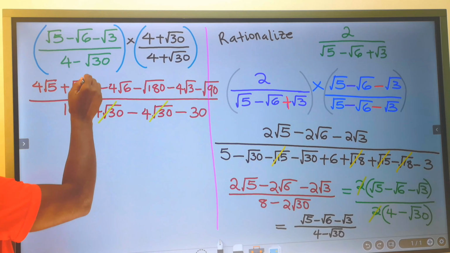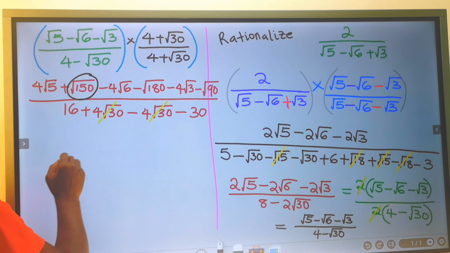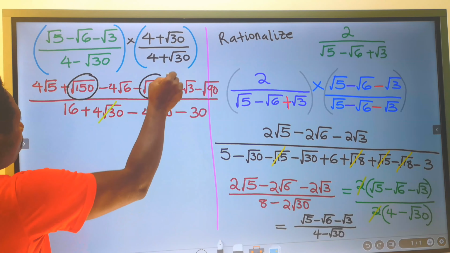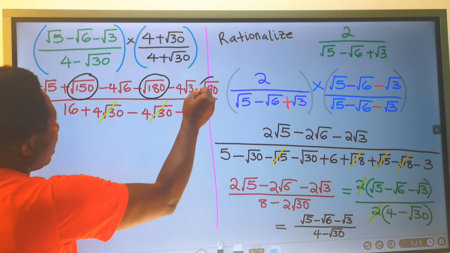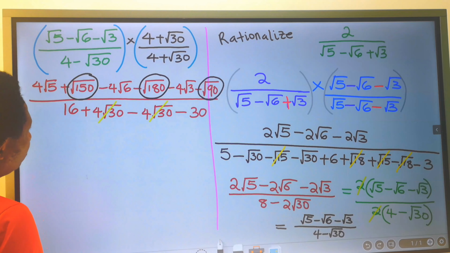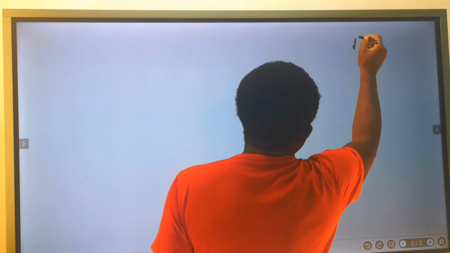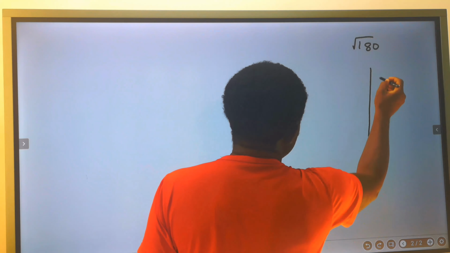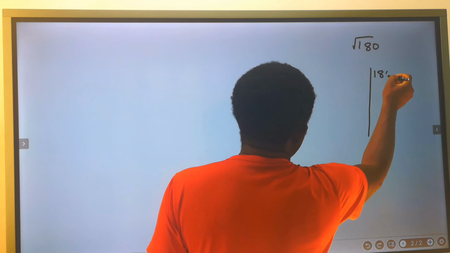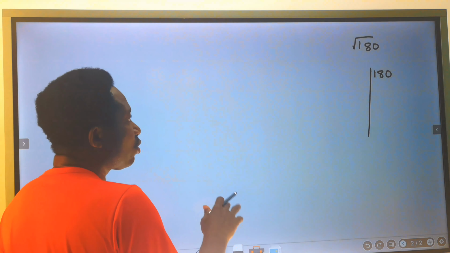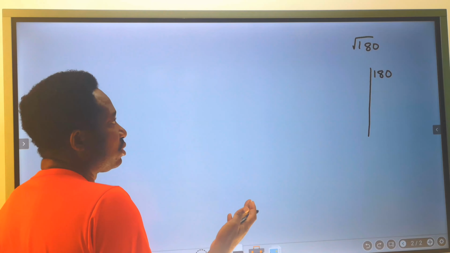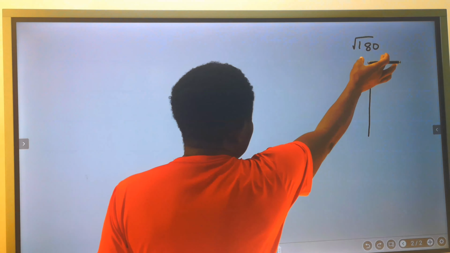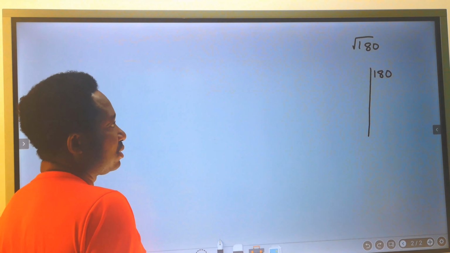Next, we're going to simplify the square root of 150, the square root of 180, and the square root of 90. The square root of 180 is, we're going to draw a line. This is 180. We're going to consider all the factors that will go into 180 without a remainder.